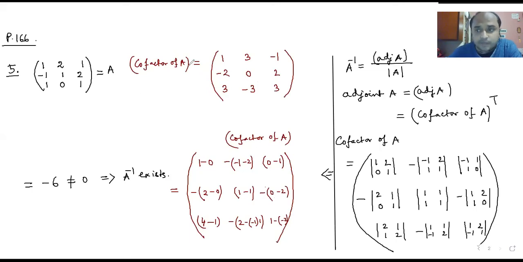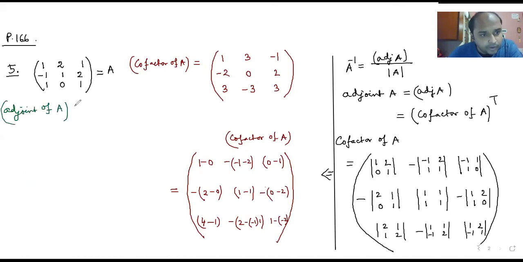So it's called the matrix of cofactors. That job is done. Then adjoint of A becomes, or let us write it as Adj A.